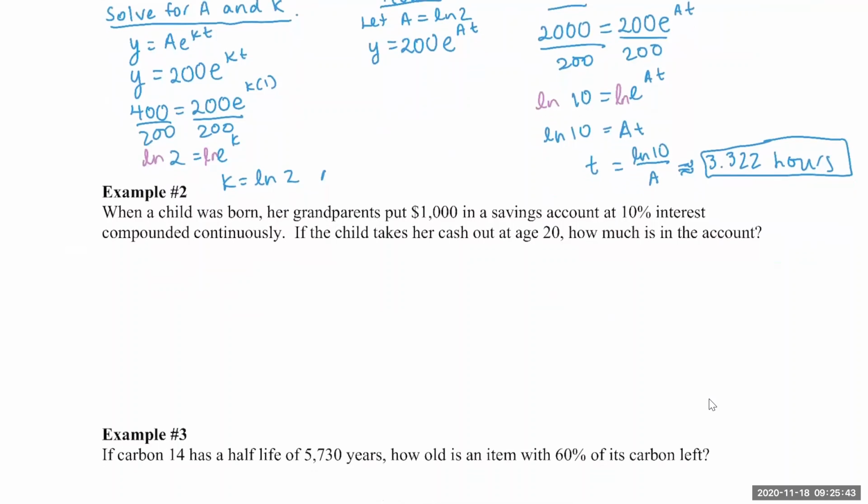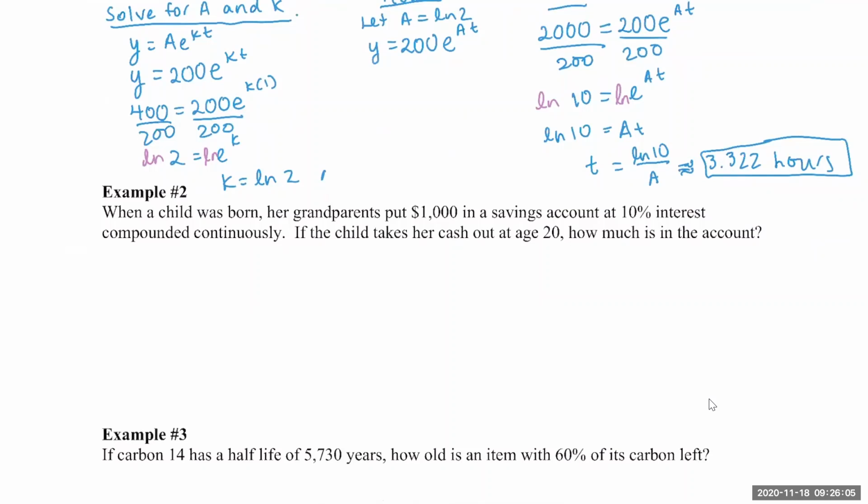Okay, the other one that you guys learned before, I think someone had, when I asked what does A represent, someone said that it represented the principal amount. So when we're dealing with compound interest, and we have, when a child was born, her grandparents put $1,000 in a savings account at 10% interest, compounded continuously.